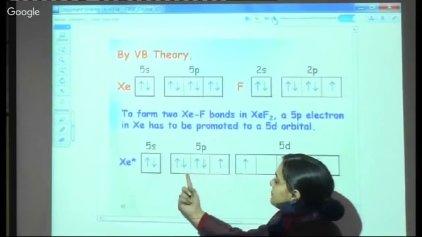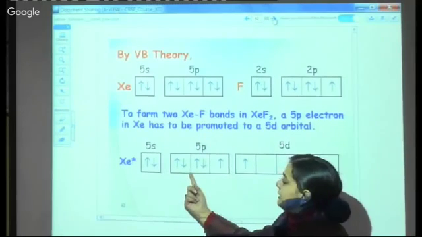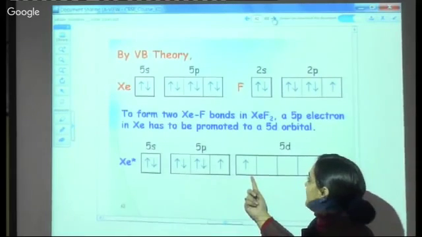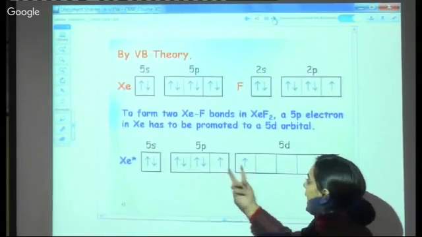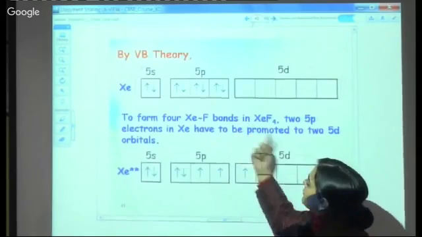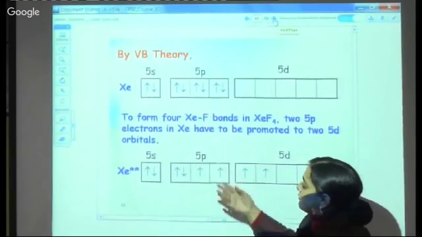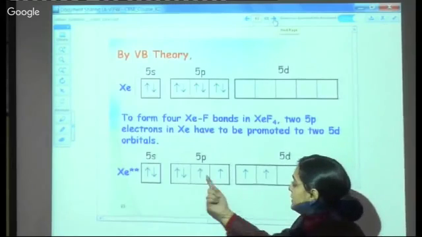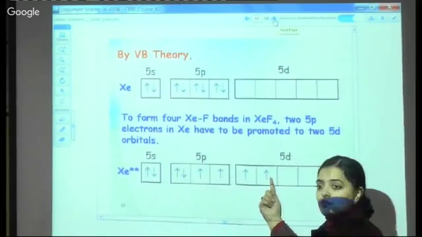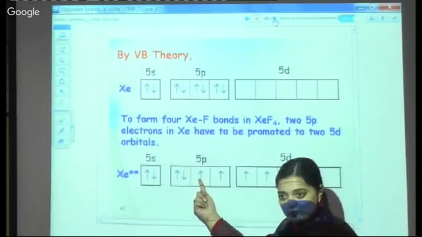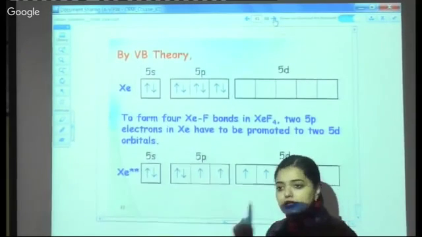What happens if we provide some energy? One electron can go to the 5d, next slide, and it can accommodate 2 fluorine atoms. That is another oxidation state. If further energy is provided, one more electron will go to d, and now 4 fluorine atoms can be accommodated, because fluorine needs only 1 electron.